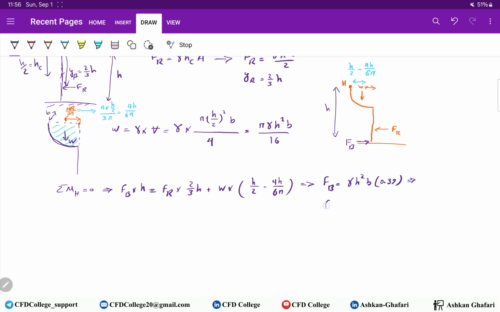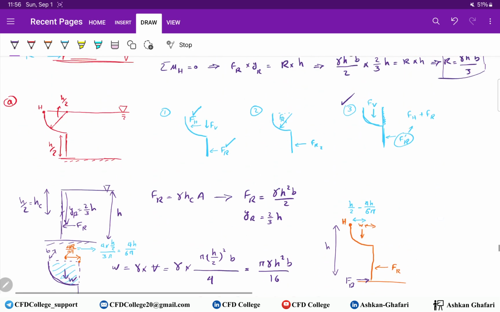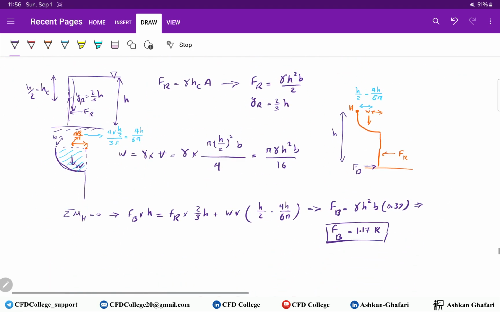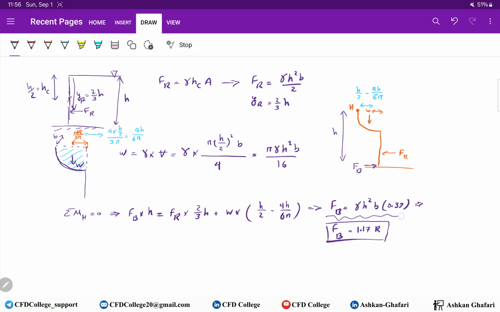So Fb equals 1.17 Fr, because we know Fr is gamma h square b over 3. If you divide this value by that, you will end up with this one.